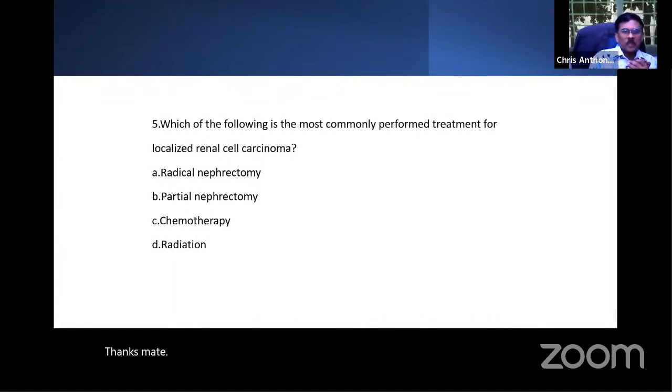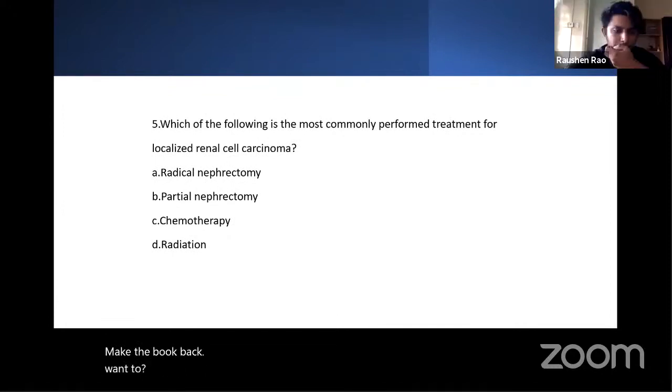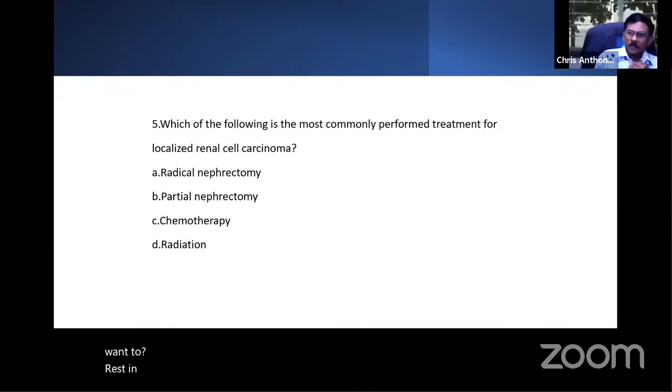Okay, if you read the books, they will say partial nephrectomy is the number 1 choice now. But in practice, I think radical is still the most widely used, because we don't have enough expertise to do partial nephrectomy. So overall, I still think radical. But I think the answer given is B, which is the right thing.